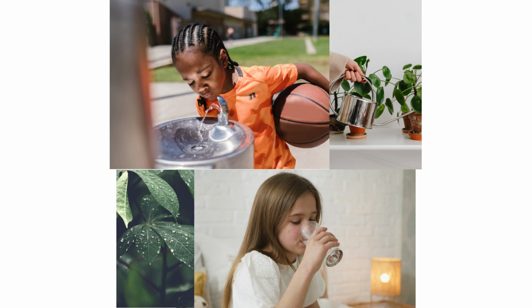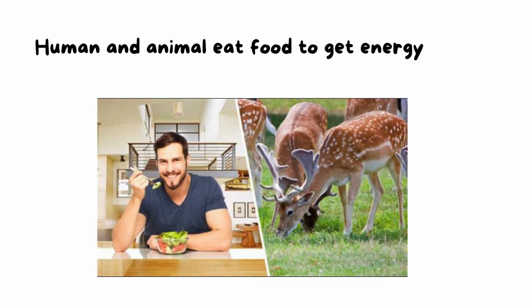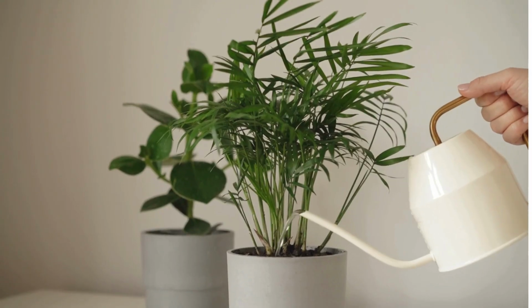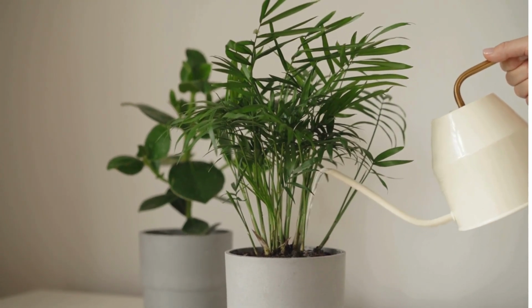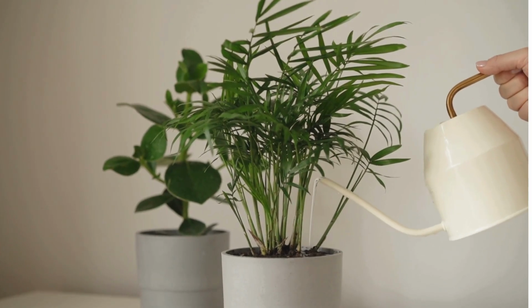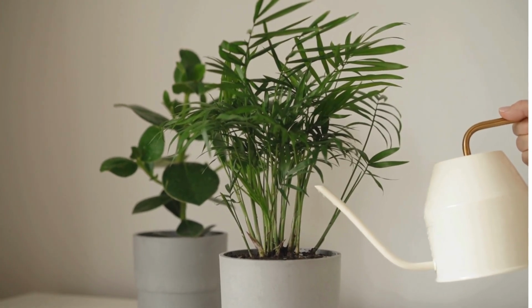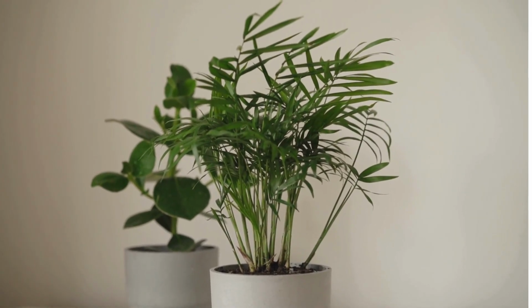So the plant looks like other living organisms, it needs water, as you see here. Also, as human and animal get food to get energy, also the plant needs food to get energy, and to grow and survive.